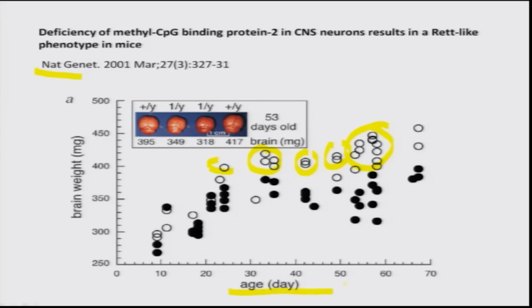With age, if you look at the brain weight, you see that consistently the MECP2 deficient animals showed smaller brains, and they had many stereotyped behaviors and other features typical of Rett syndrome. There are even lead molecules people have now identified using the animal model to possibly cure Rett syndrome.